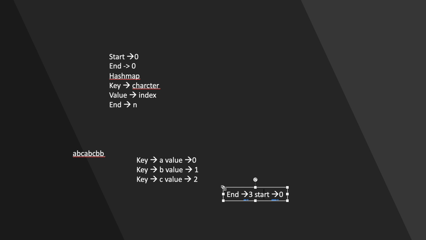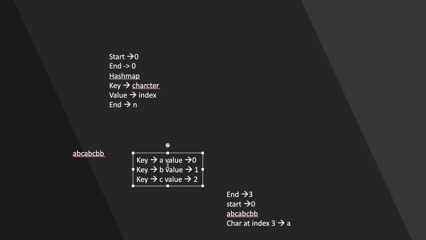Here in input string abcabcbb, character at index 3 is what? It's a and it is already present in map.